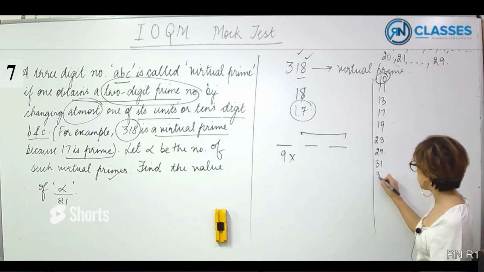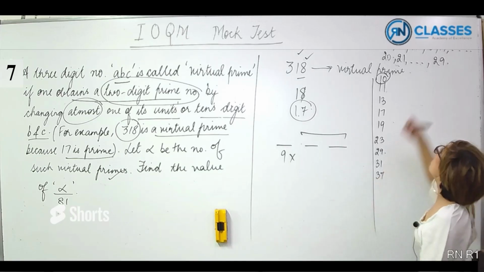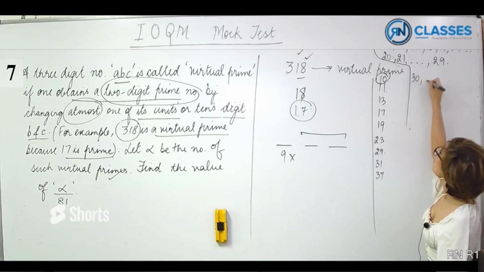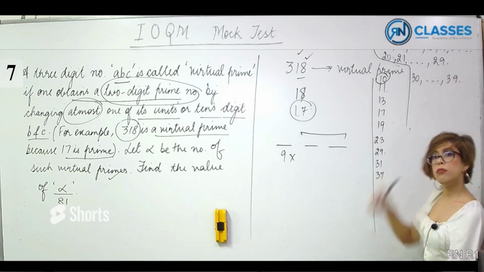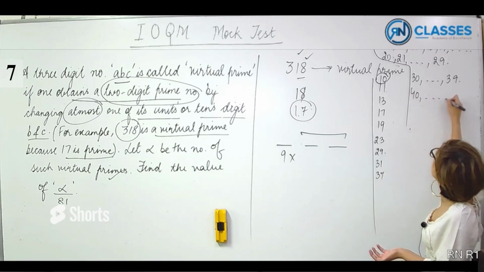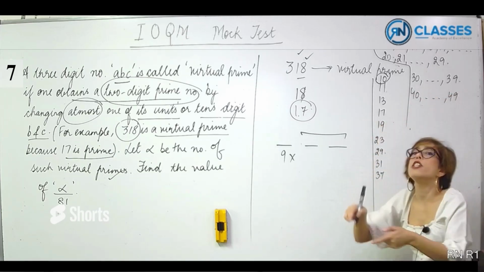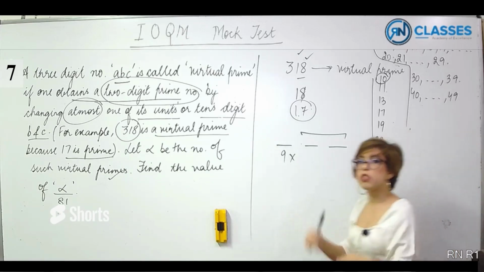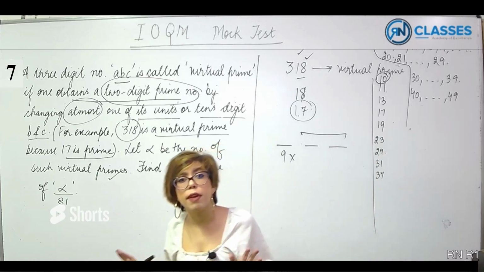And then we have 37. Right? So, again, I will cover up all the numbers from 30 to 39. Right? Similarly, I will cover all of the numbers from 40 to 49. Why? Because I can change one of the digits and I will get 41. Similarly, 50 to 59, 60 to 69, all of the 2-digit numbers are covered up.